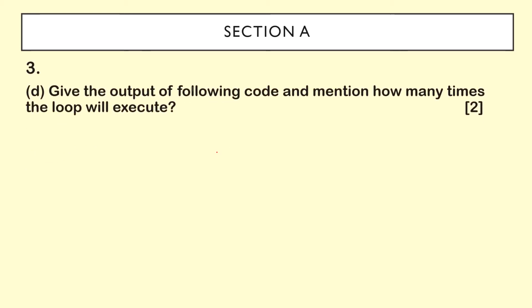Question number D. Give the output of the following code and mention how many times the loop will execute. Okay, we need to find out the output of the code and how many times the loop runs. So let's do it. We have a variable named integer i, starting from 5.